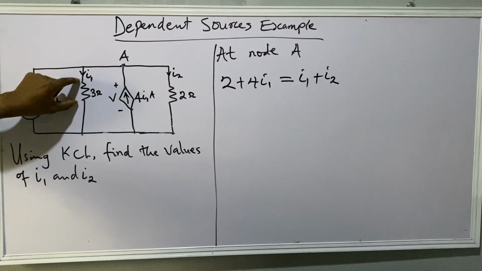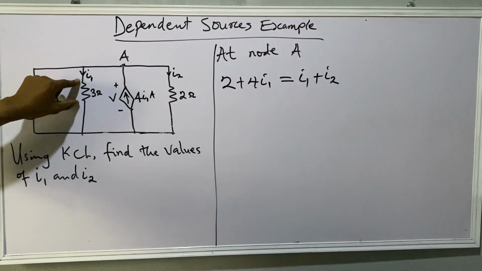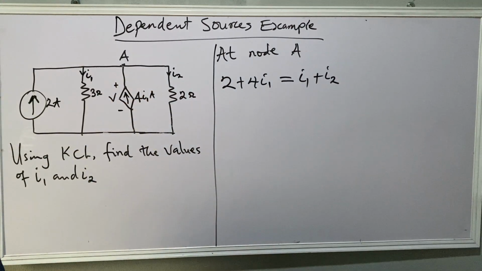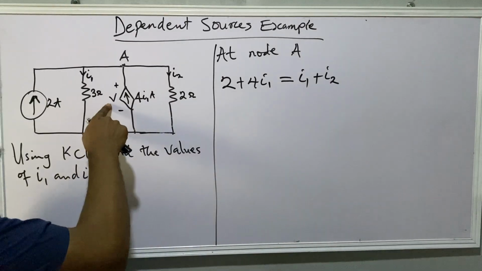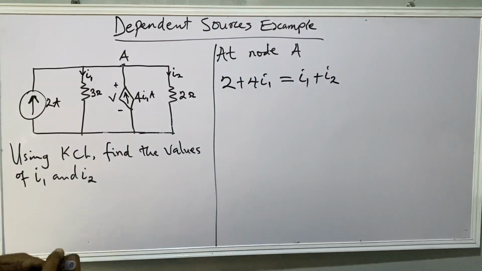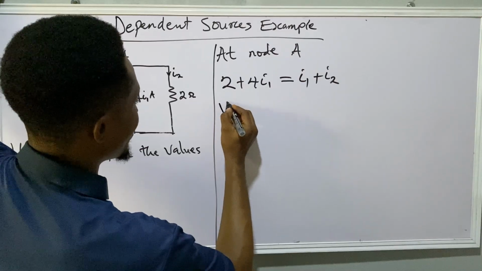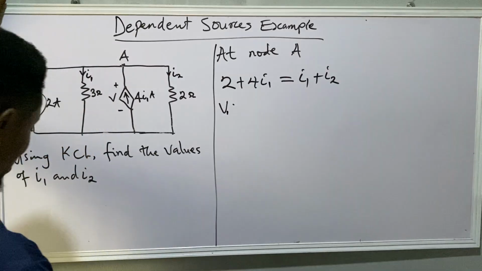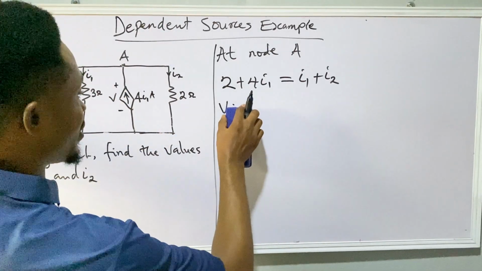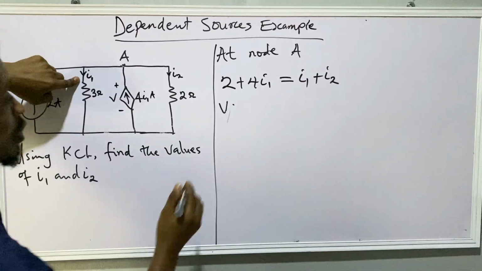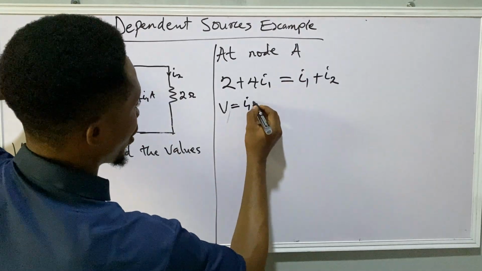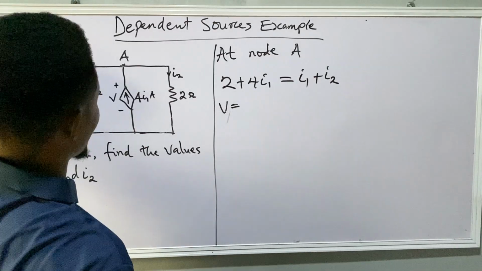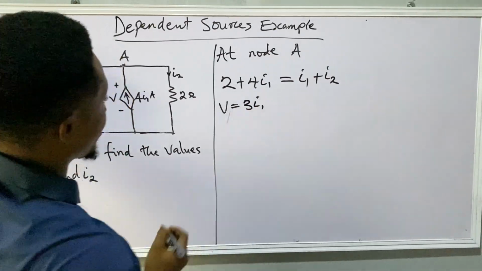The voltage across this resistor is the same voltage across this resistor, because they are all in parallel, and that voltage is V. So V for this one will be equal to I1 times R, which is 3I1.